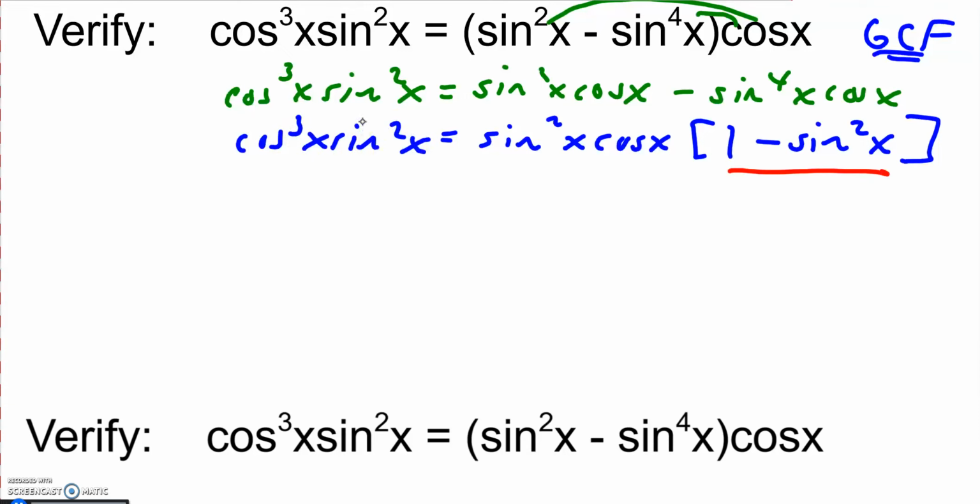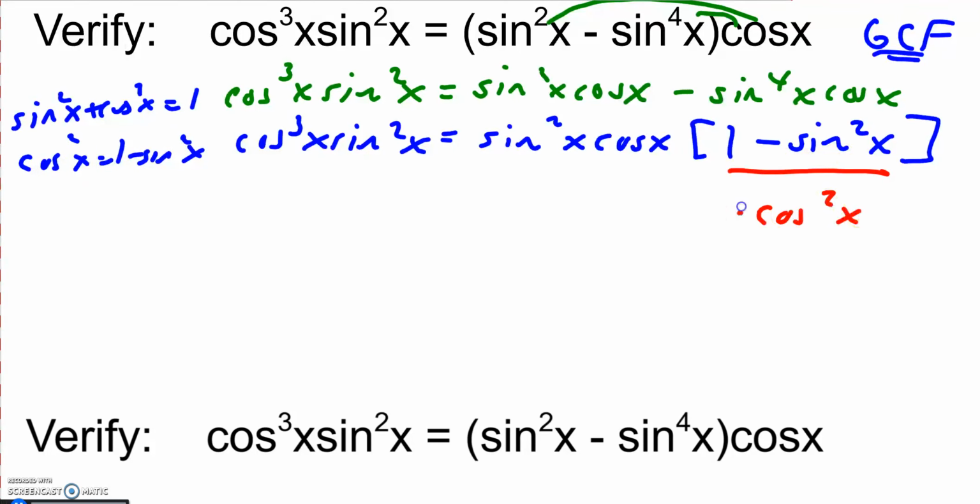Okay. Now this side. I again know that sine squared x plus cosine squared x equals 1. So if I want to get 1 minus sine squared x, all I have to do is subtract the sine squared to the other side. So I know that cosine squared x equals 1 minus sine squared x. So I can replace this with just cosine squared x, and that is still multiplying sine squared x and cosine x.